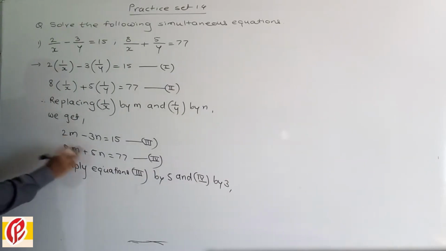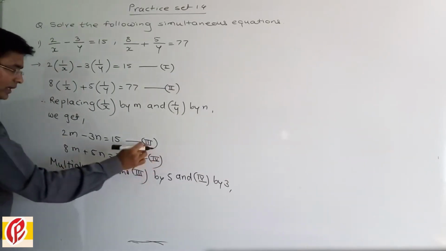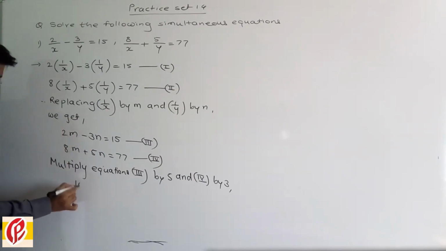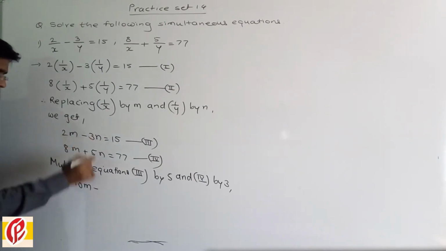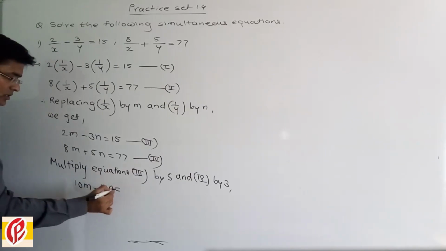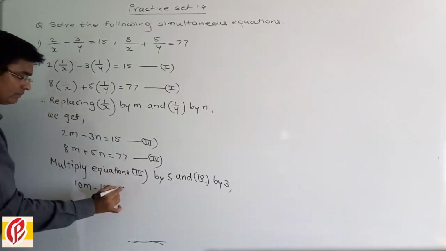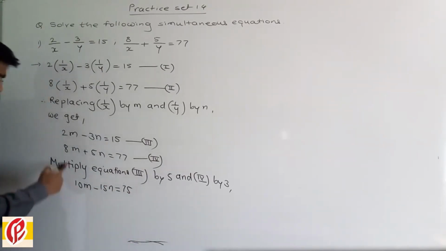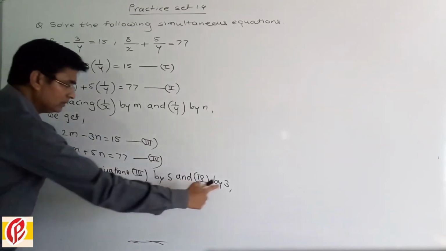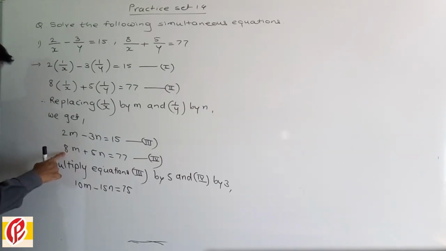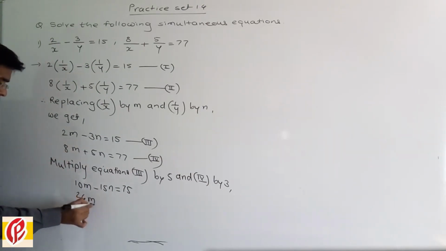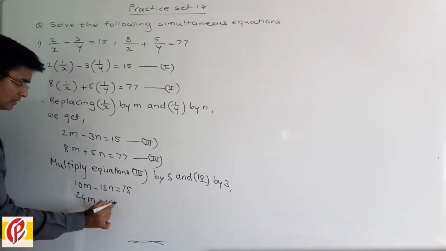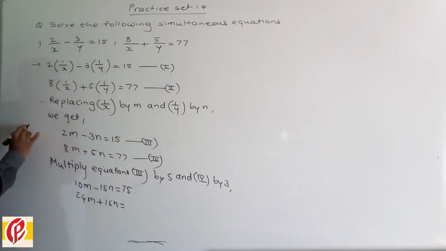Multiplying equation 3 by 5: 5 2s are 10m minus 5 3s are 15n is equal to 15 5s are 75. Then here you will have to multiply by 3: 8 3s are 24m plus 5 3s are 15n, and then 77 into 3.